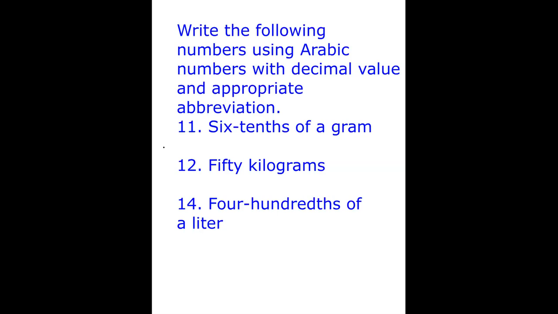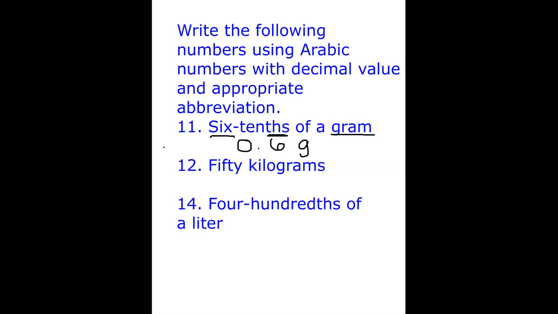With tenths, we should know that there's going to be a number after the decimal. So that would be the 6 in the tenths place. Then again, remember, we have to add that leading 0. So 0.6, and then our appropriate abbreviation would be grams. So 0.6 grams.